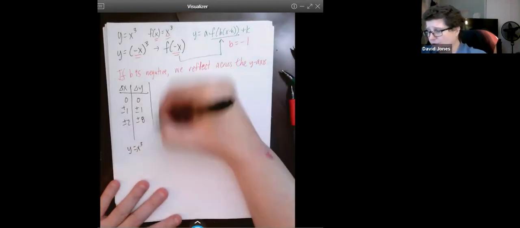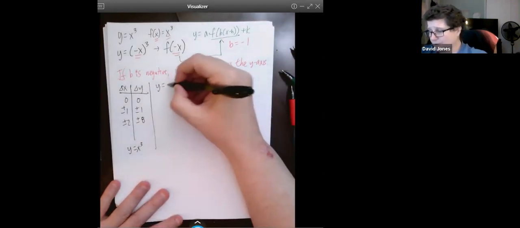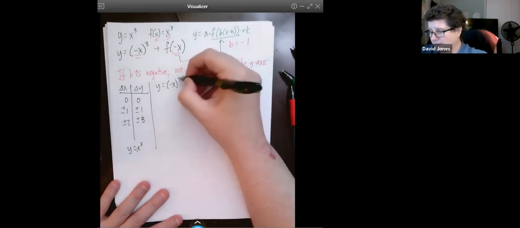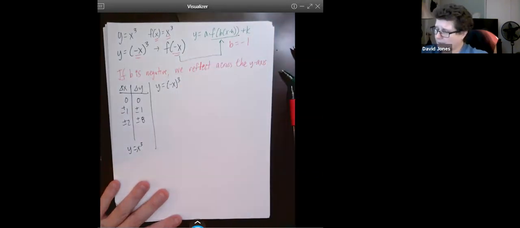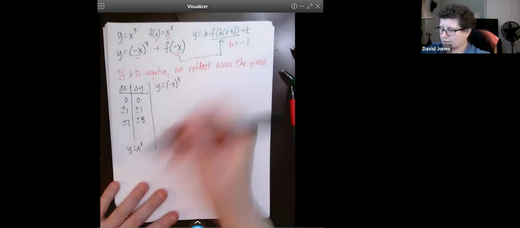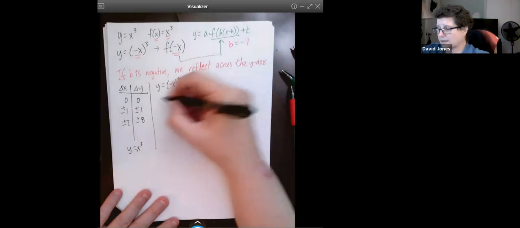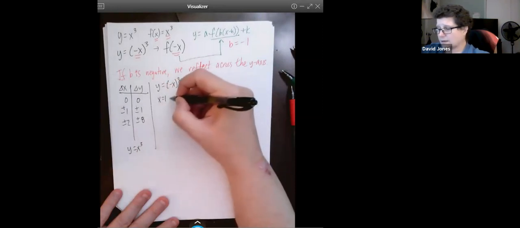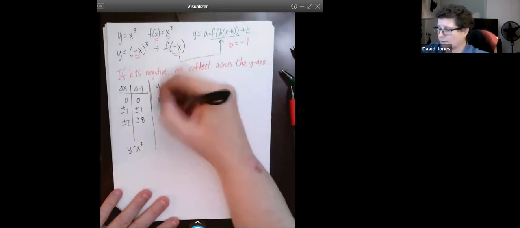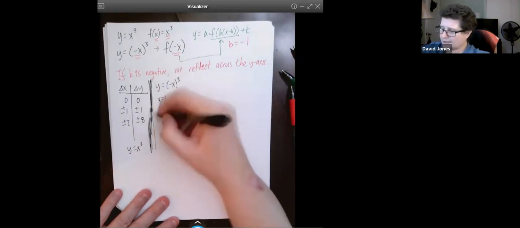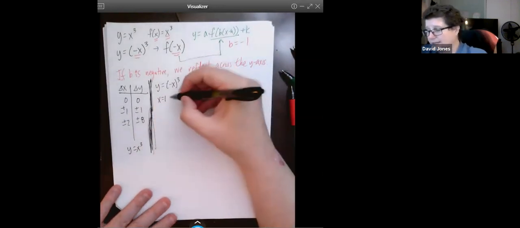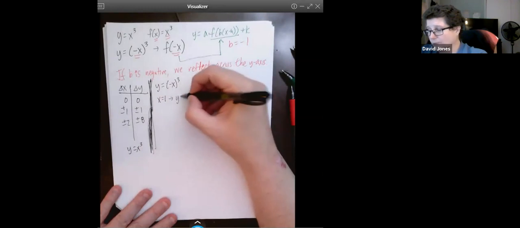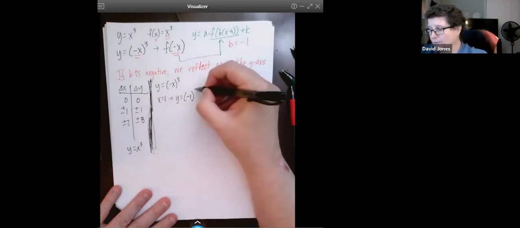If I want to do y equals negative x cubed, when x is positive 1, I'm making a new table, not just an extension of the old table. When x equals 1, we get y equals -1 cubed, which is -1.